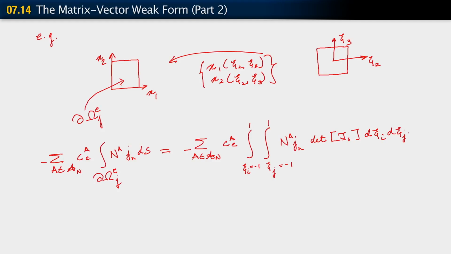All right. Now, when we carry this through, what we get is the following, right? We can now abandon the explicit sum over the local degrees of freedom, A, and instead we go to a vector, which now consists of CA1E, CA2E up to CA4E, right?